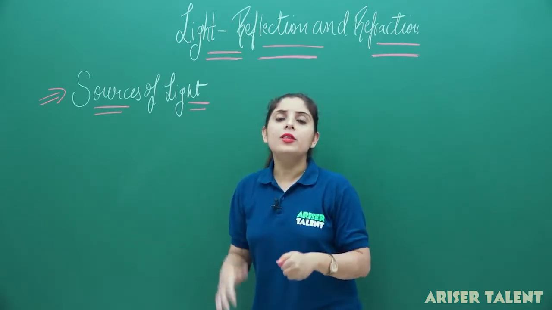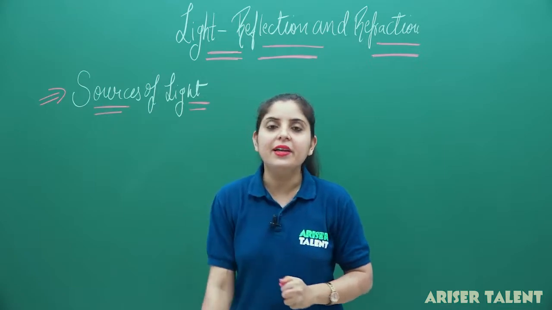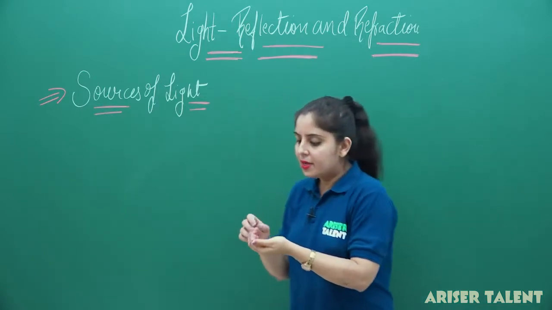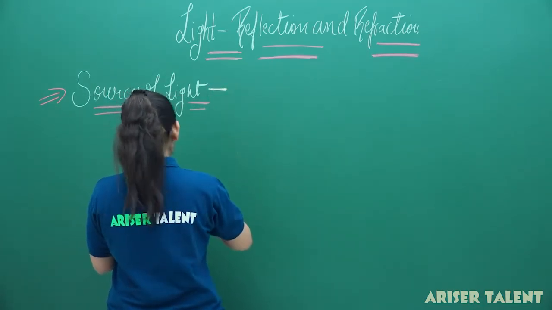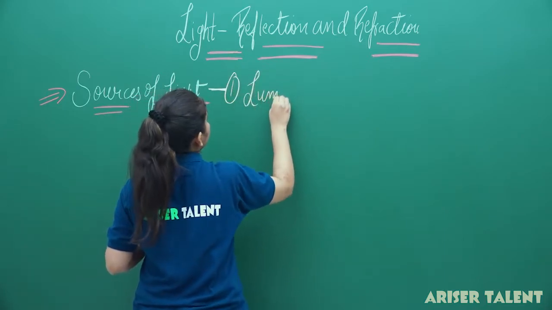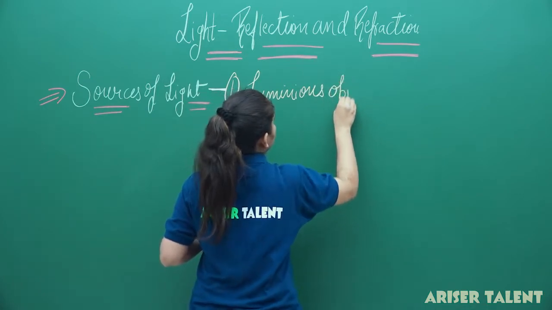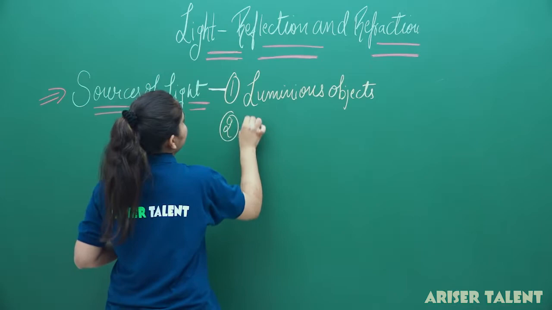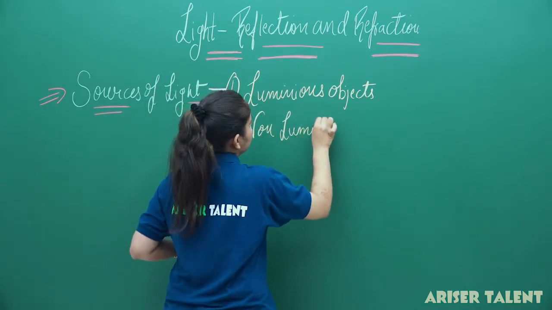On the basis of that, the sources of light are classified into two categories, the luminous one and the non-luminous one. So we have two sources of light: first, luminous objects, and second, non-luminous objects.